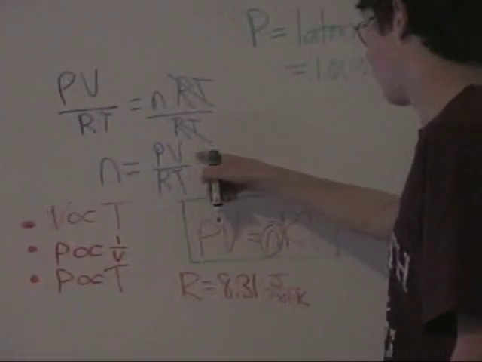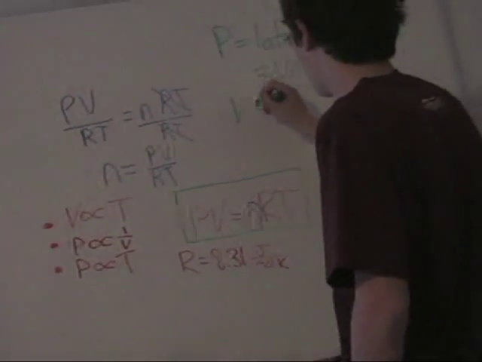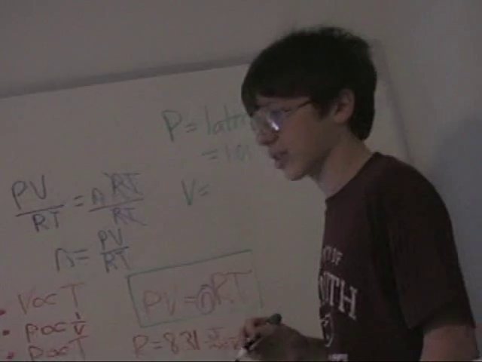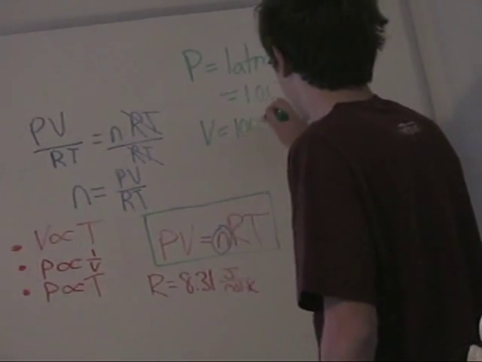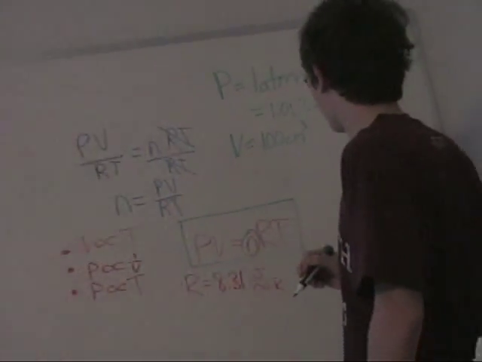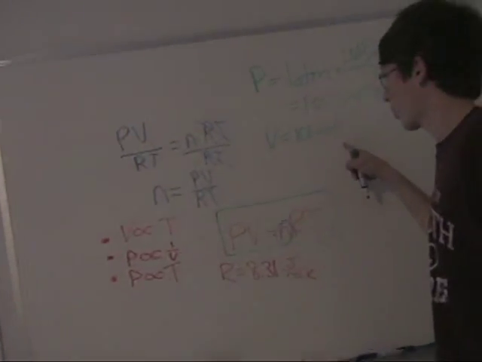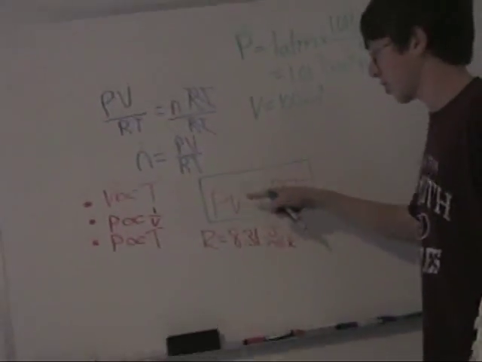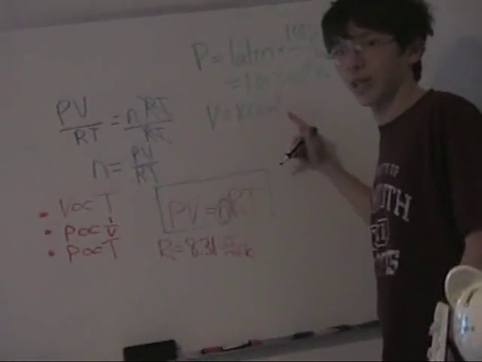Now we need volume and temperature. It says in the problem that the volume in each container is 100 cubic centimeters. But to plug in to this equation with this constant, we need it to be in cubic meters.